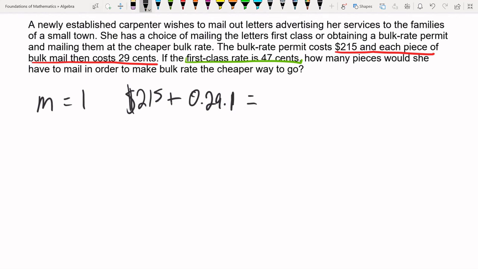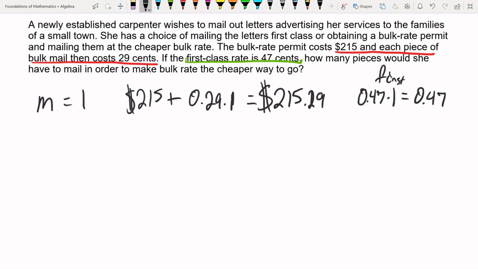Well, that's just 1 times 0.29 is 0.29, and that gives me $215.29. Which is obviously a lot of money to spend for a single piece of mail. And of course, if she did it the first class rate, that's just 47 cents times her one piece of mail, which is 47 cents. So in this case, the first class is cheaper.